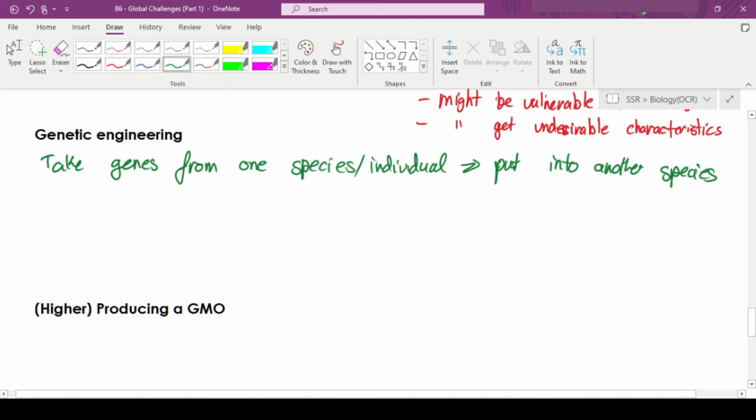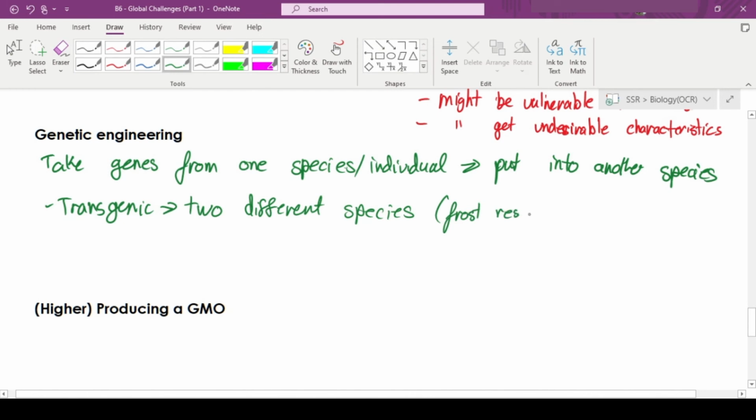And what this will allow you to do is to create a transgenic organism. That means that you've got two different species that you've got together. And an example of this is the frost-resistant tomatoes that were created using genes from deep sea fishes.